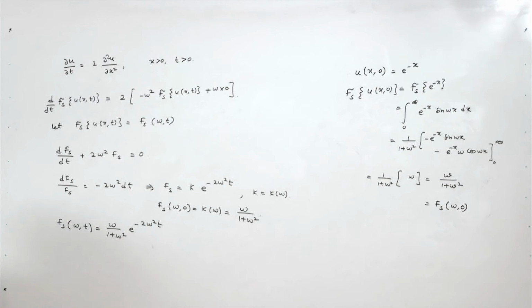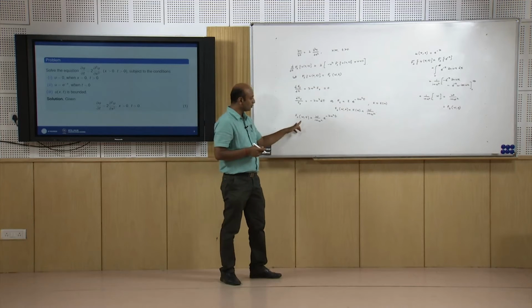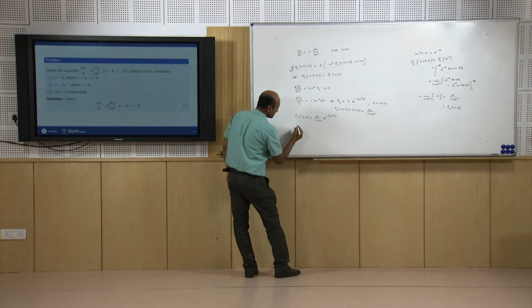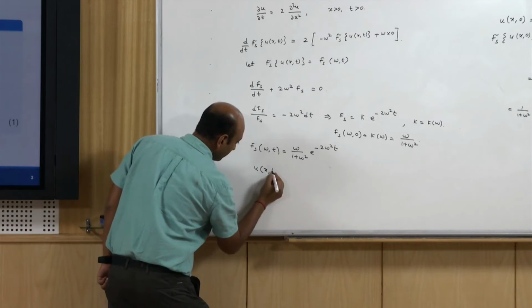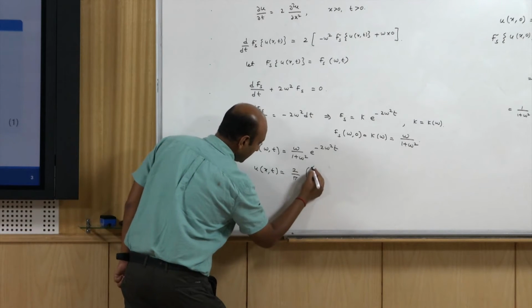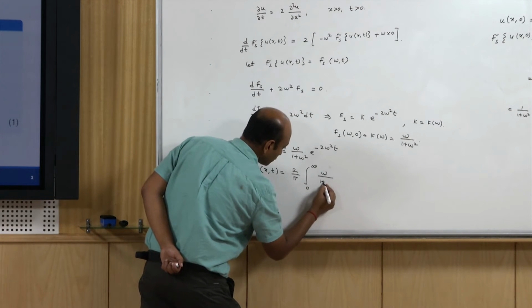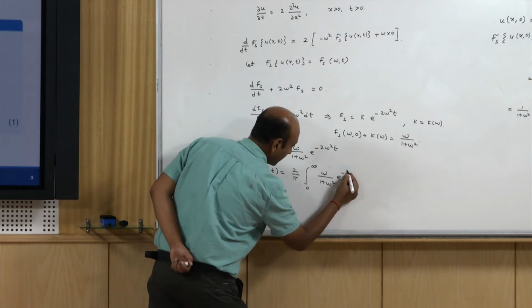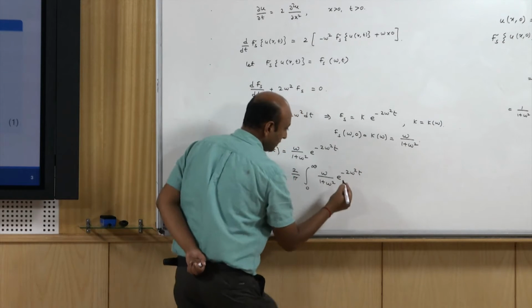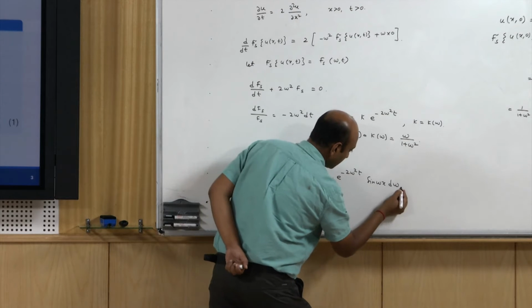Now, take the inverse Fourier sine transform on both sides to find the solution. So, this implies u(x,t) will be 2 upon pi, the integral from 0 to infinity of omega upon 1 plus omega square e to the power minus 2 omega square t, sine omega x d omega.